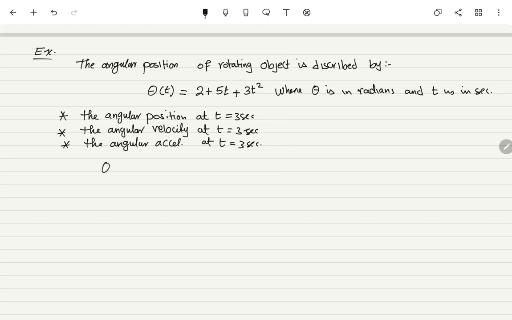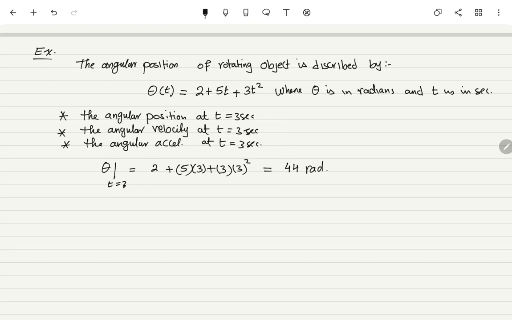Now theta at t equal to 3 equals 2 plus 5 times 3 plus 3 times 3 square, or equal to 44 radian.